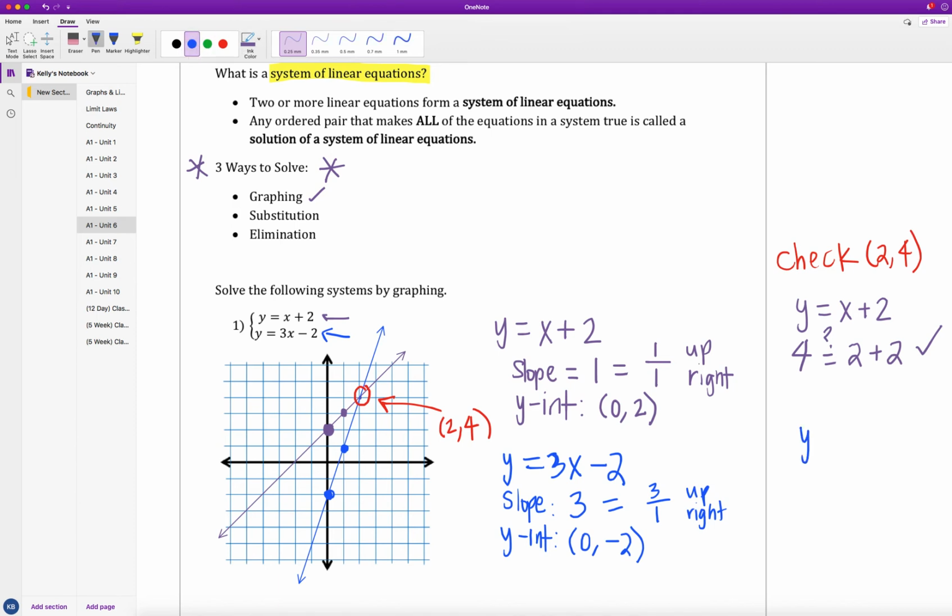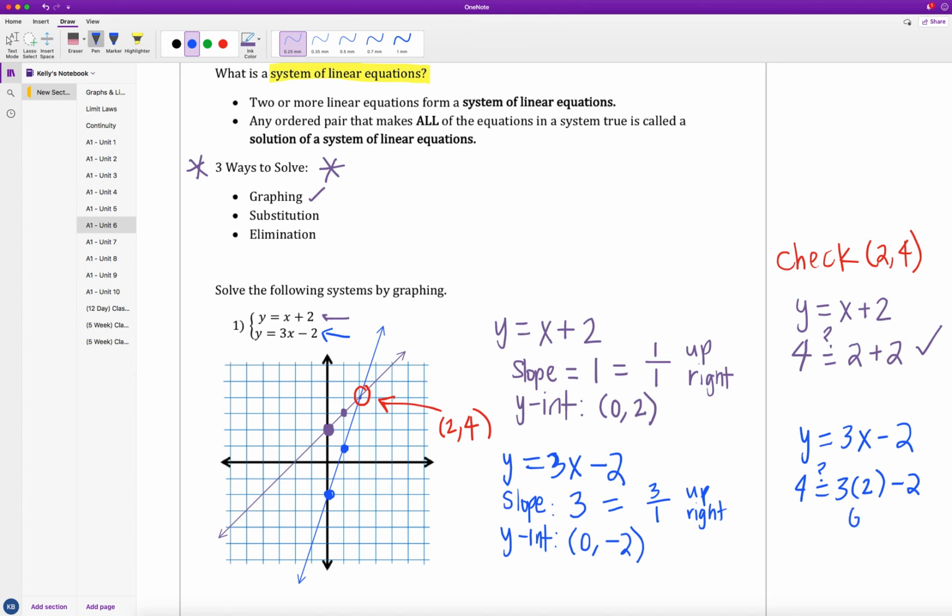I have to do the same thing with the second equation. So we get y equals 3x minus 2, and I'm going to substitute in 4 for y and 2 for x, and I'm asking myself, is that true? So I'm putting this question mark over the equal sign so that I can remember that I'm looking to see if this is true. I don't know if it is true yet.